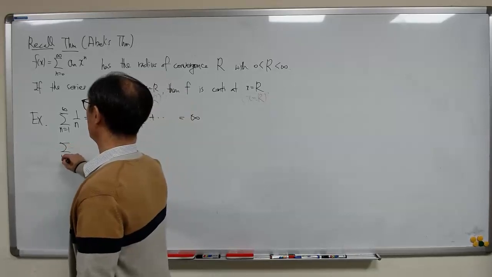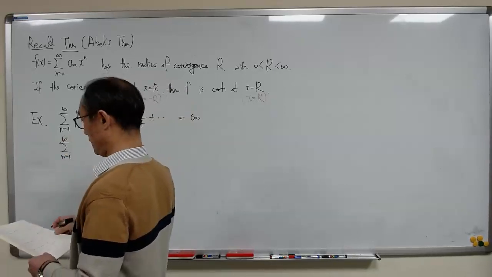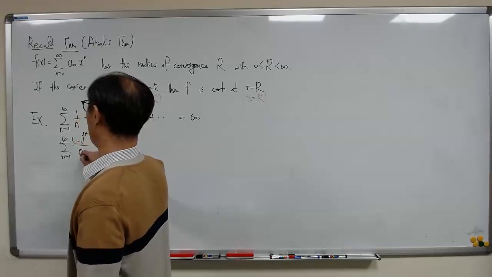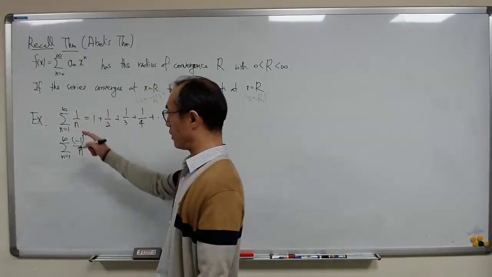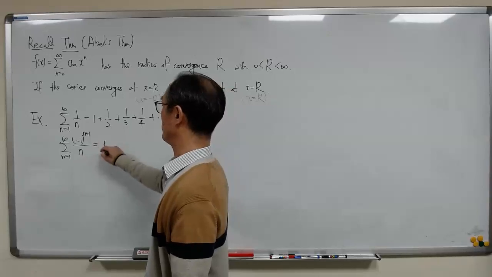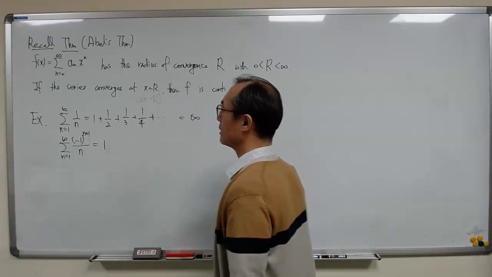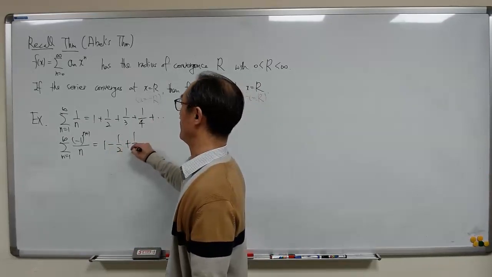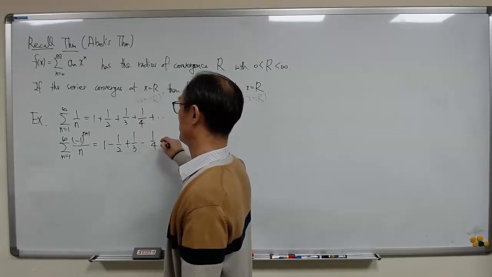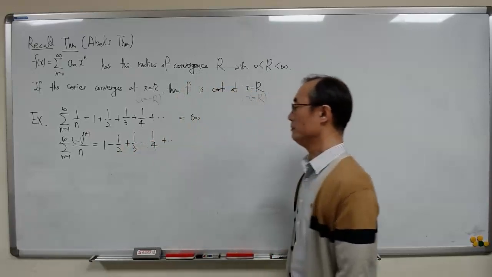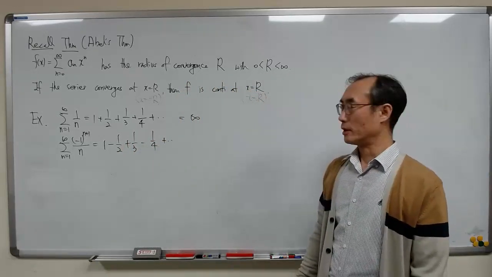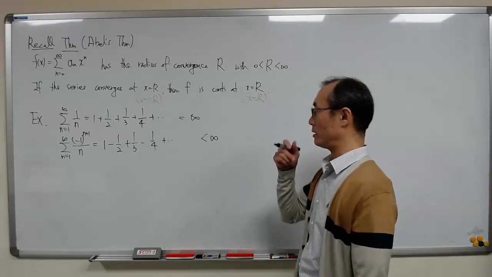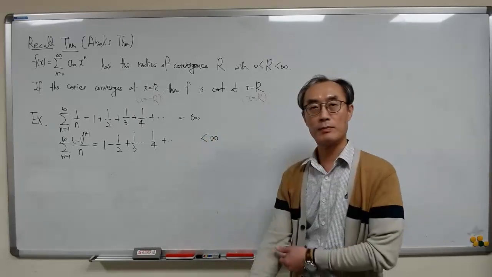But if we have the alternating sign, (-1) to the n plus 1 over n, then when n is 1, we have plus sign, and the denominator is 1, and minus 1/2, plus 1/3, minus 1/4. And we know this value is finite; the series like that converges.